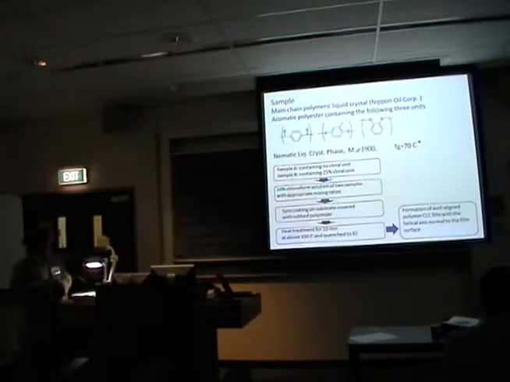So we use two kinds of this polyester. One has the chiral unit, 20% chiral unit, and the other one has no chiral unit. So by changing the mixing ratio of sample A and sample B, we can tune the helical pitch.